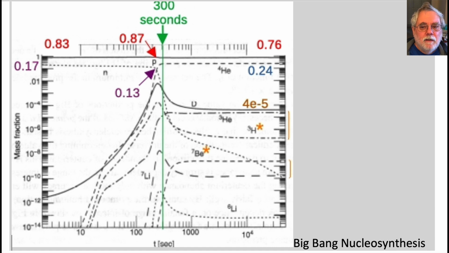And so astronomical measurements today can quantify the photon-to-baryon ratio that has been constant since the first second after the Big Bang.